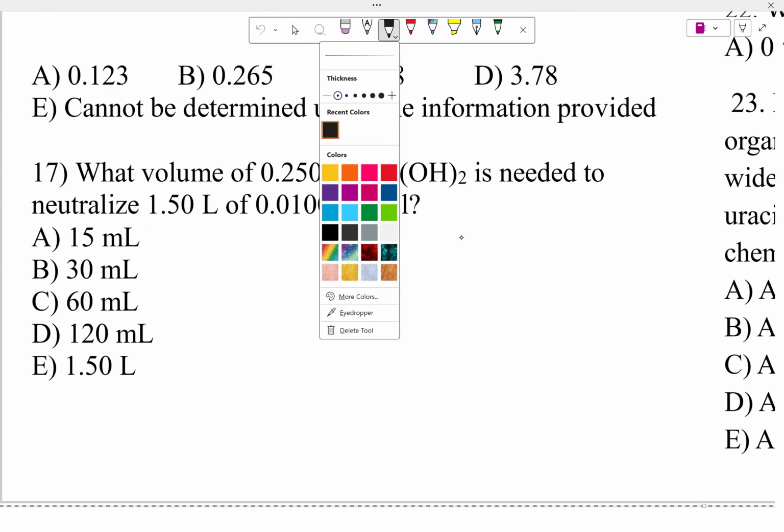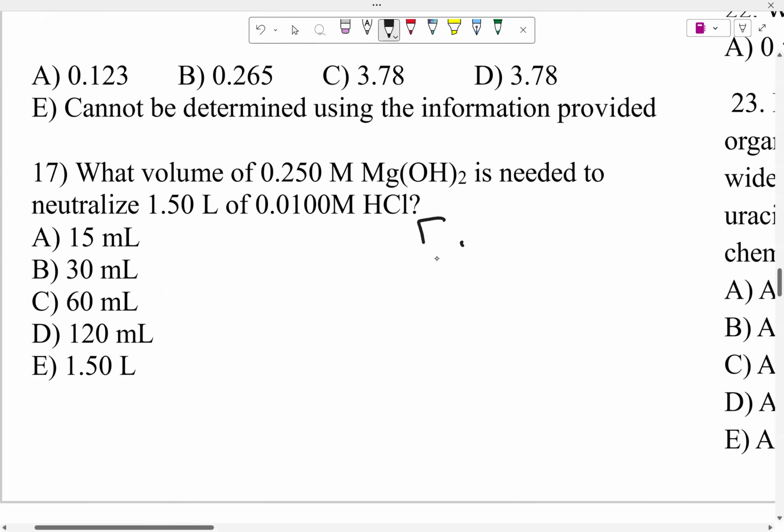At neutralization, the H plus ions equal the hydroxide ions. This is the same thing as the equivalence point. At the equivalence point, the acid and the base equal one another. Are you guys good with that? So that's a rule: anytime you see neutralize, H plus has to equal hydroxide.